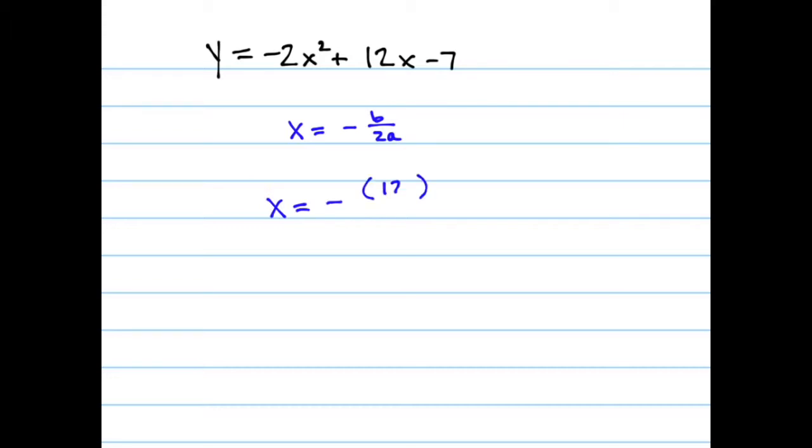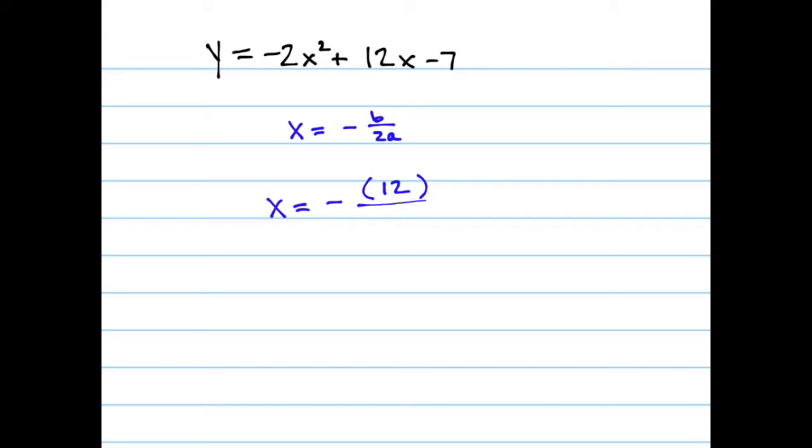Y equals negative 2x squared plus 12x minus 7. First thing it asks us to do is find the axis of symmetry of the graph. So remember, our axis of symmetry is x equals negative b over 2a. In this case, what is b? 12.